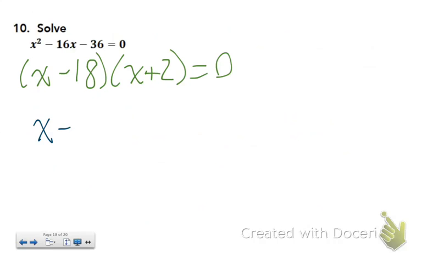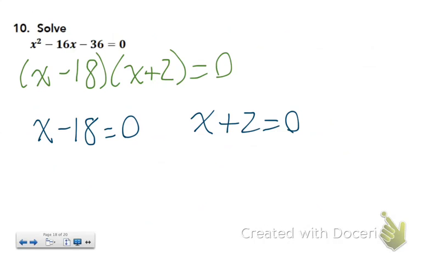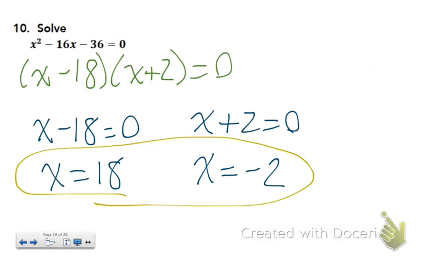So I get x minus 18 equals 0 and x plus 2 equals 0. X equals 18 and x equals negative 2. So just be very careful and think about whether it's asking you for solutions or whether it's asking you to factor. Because the solutions, remember, are going to be different than the factors.